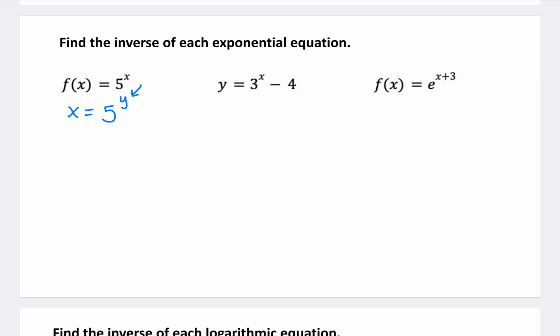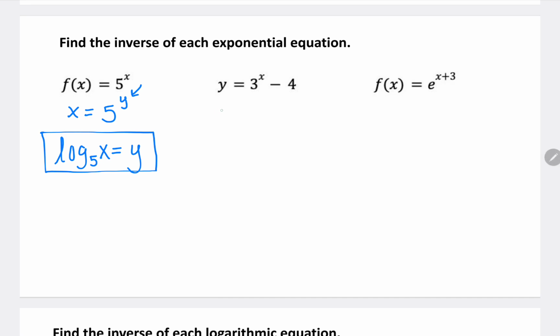I'm going to rewrite it as a log function instead, which is what we practiced in the very beginning. My base is 5. Log base 5 of x equals the exponent y. And hey, y is by itself. So this is the inverse function of y equals 5 to the power of x.